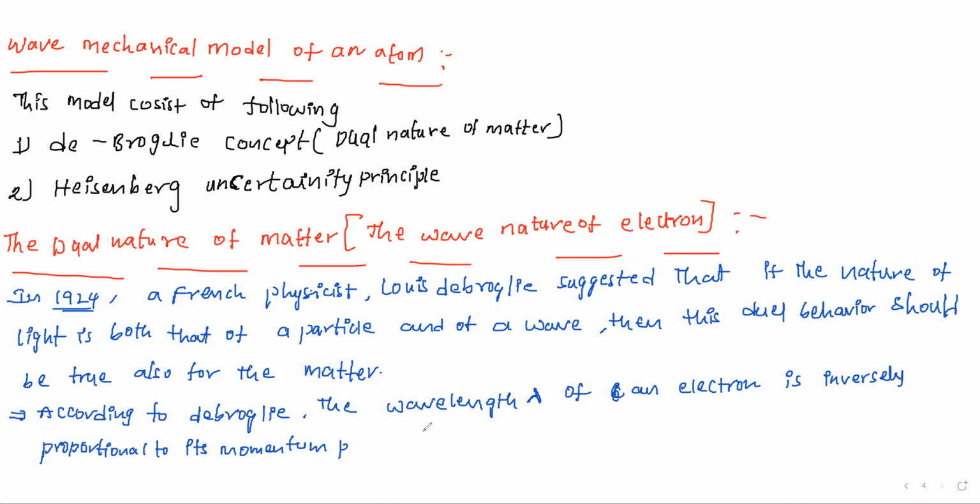That means lambda is inversely proportional to its momentum. Lambda equal to h by p. Here h we know already, that is Planck's constant, and p is the momentum of the electron.